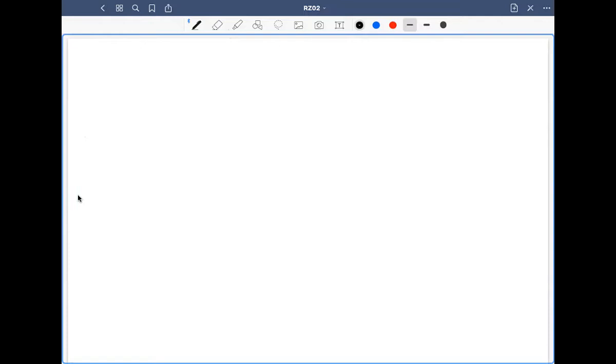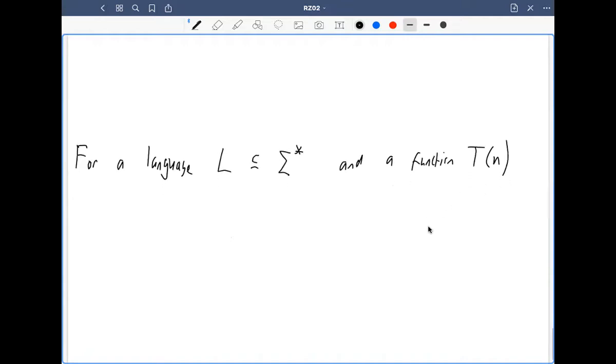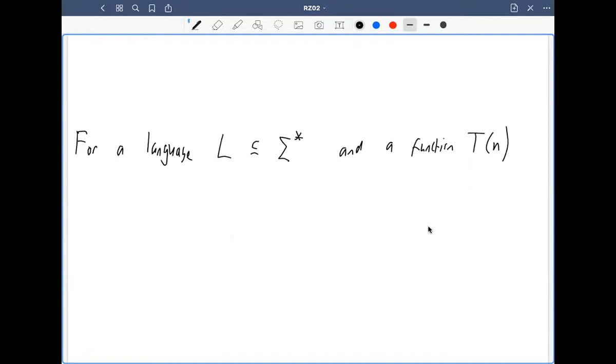So for a language, if we've got some input alphabet, and a language, that's a set of words over that alphabet. And the function t of n is a function on natural numbers, which we're thinking of as modeling the number of time steps.